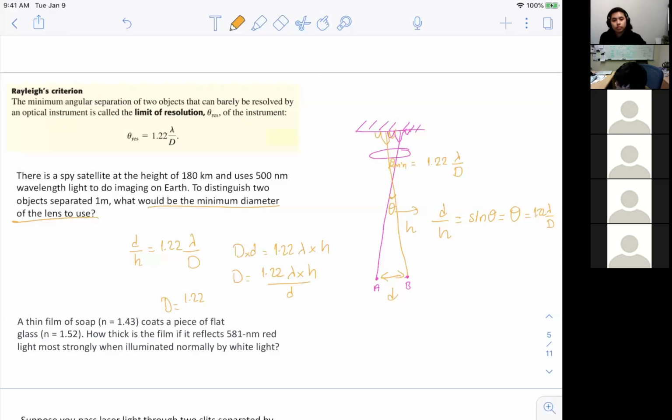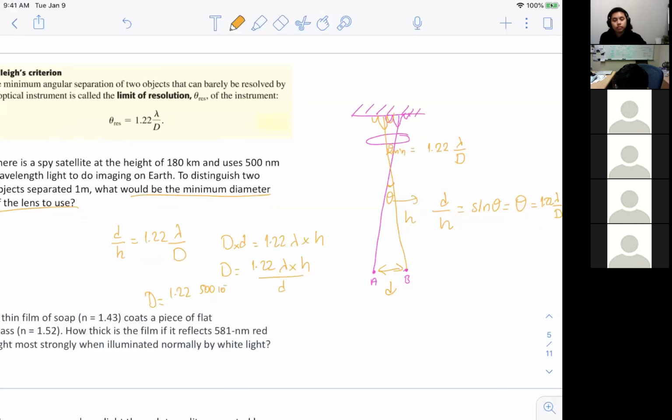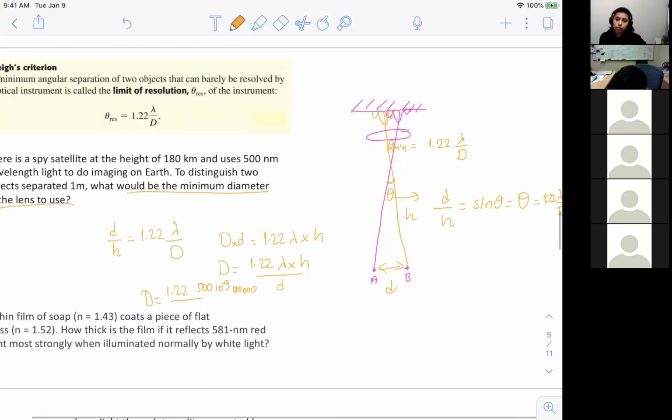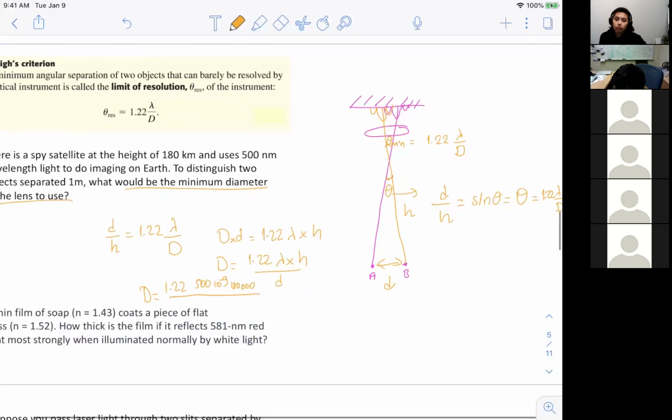It's like a green-white light. I will put 10 to the minus 9 meters. Then the H is 180 kilometers, so it's 180,000 meters, and divided by small d. Small d is 1 meter.